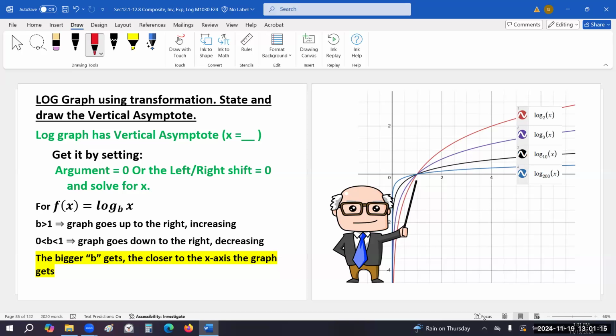It has x-intercept 1. The purple one has base 3, so it's closer to the x-axis. The black one has base 10. It's even closer to the x-axis and closer to the y-axis. The last one has base 200. It's very close to the x-axis and very close to the y-axis. So the bigger the base, the closer it gets to the x-axis and y-axis.